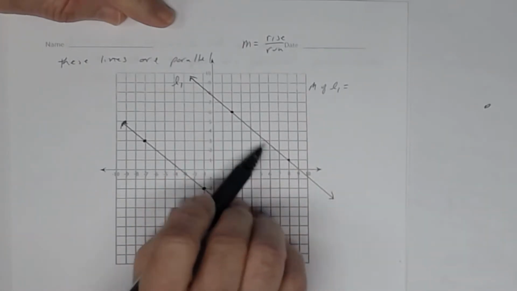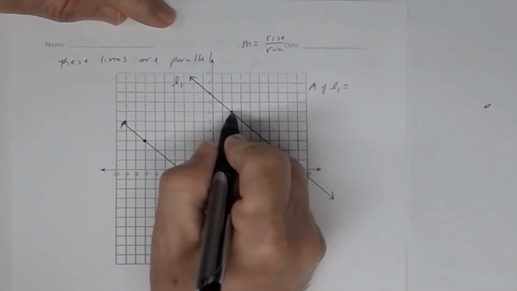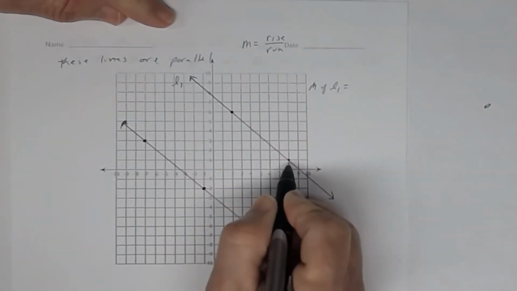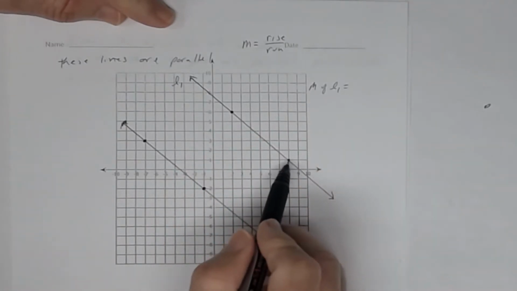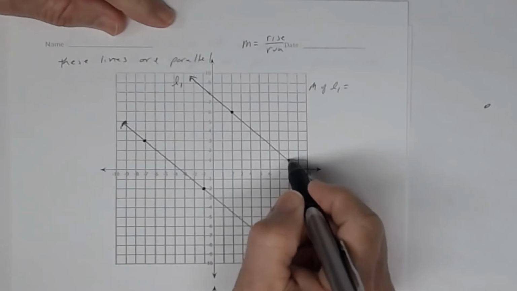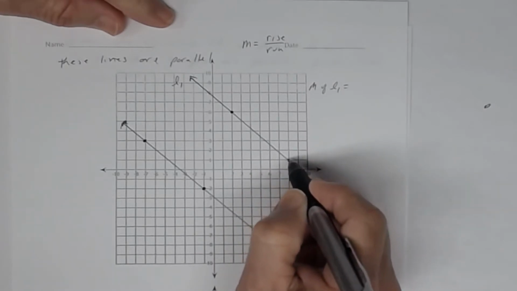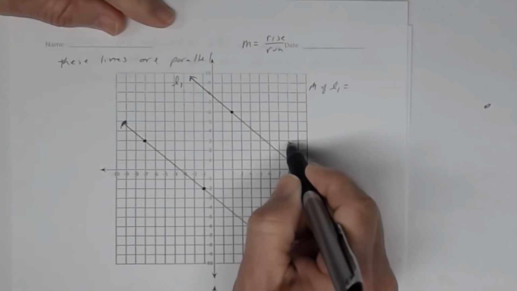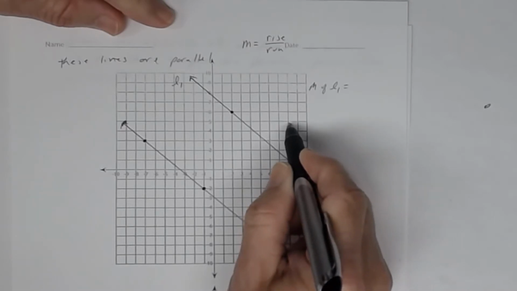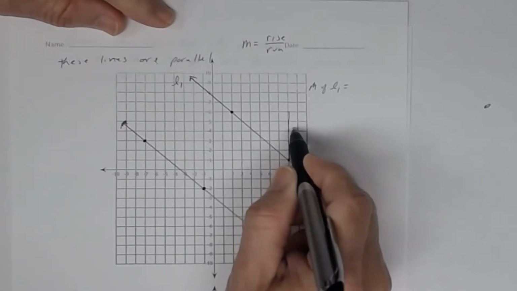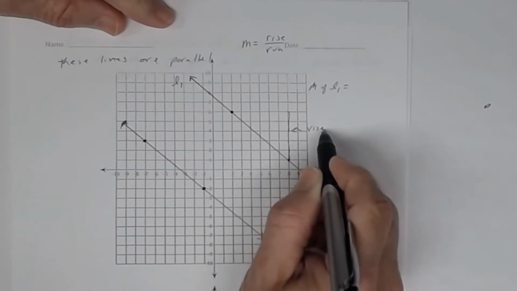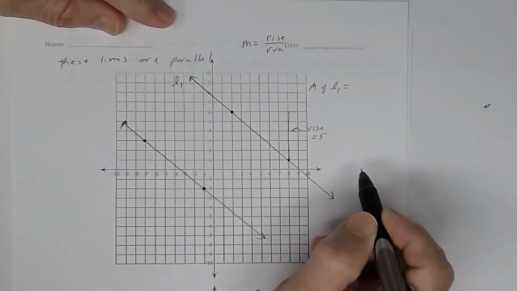Okay, so here are two points on this graph, denoted by the two dots. I'm going to use this point here. From this point to get to this point, I'm going to rise: 1, 2, 3, 4, 5. So my rise is 5.